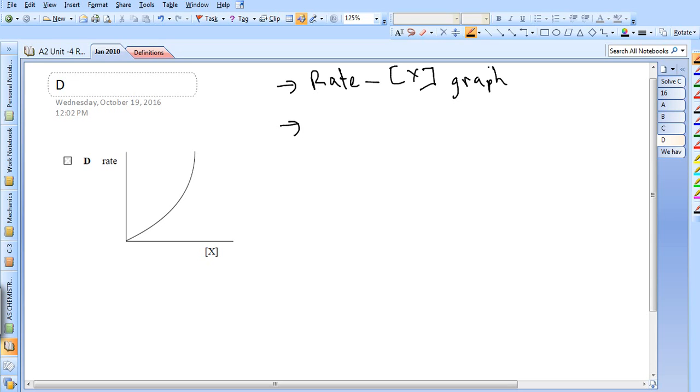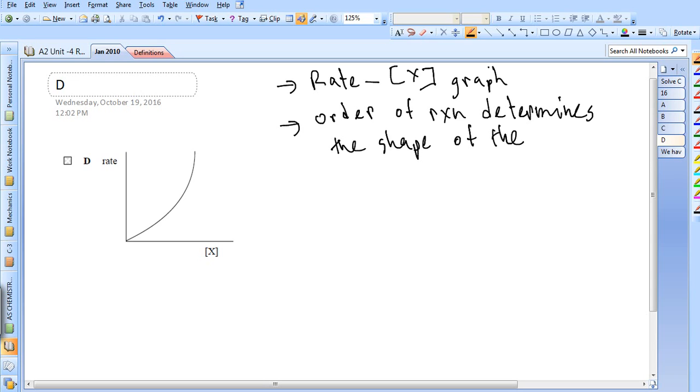If you have noticed in options A, B, C and D, the order of the reaction determines the shape of the graph. Different orders have different shapes.